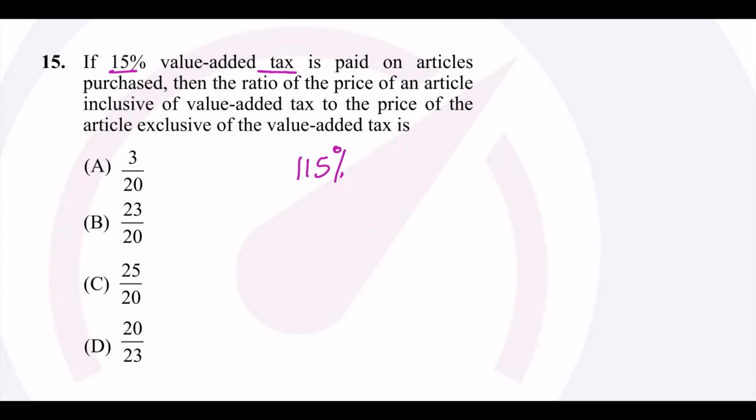So this is the inclusive of the value added tax. 115% is the price of the article inclusive of the value added tax to the price of the article exclusive of the value added tax. So that would be out of the 100%.